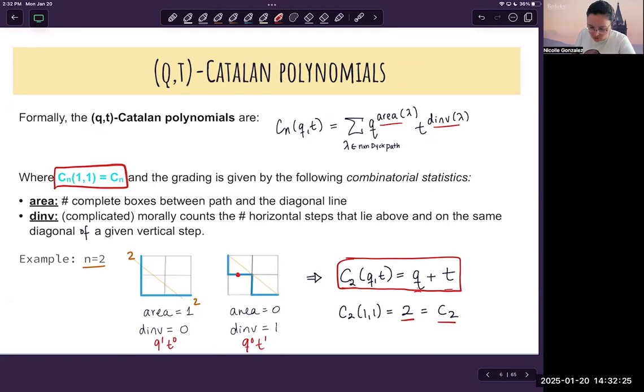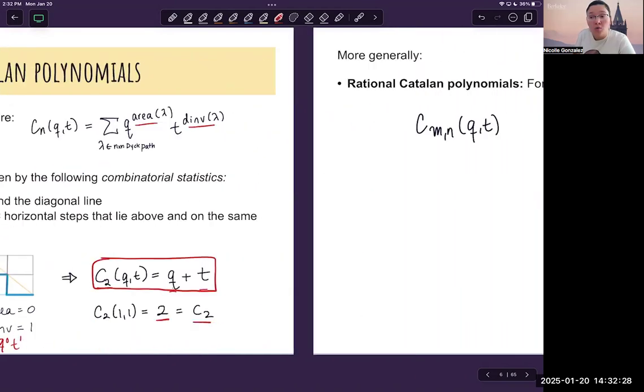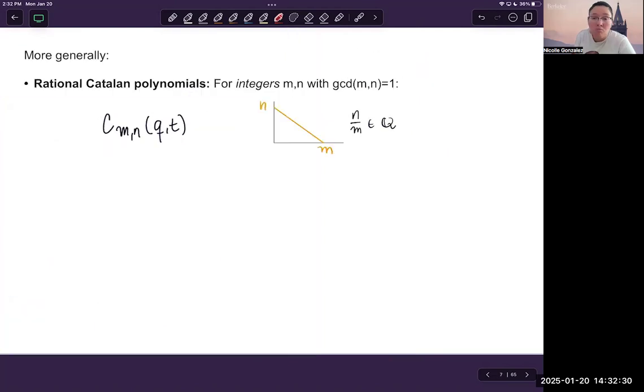Very well. So are these the only polynomials that we're going to consider? No. It turns out there are many generalizations of it. In particular, we have some family of paths bounded by this diagonal. There's no reason this diagonal has to have slope 1, right? There's no reason that the intercepts have to be the same number.